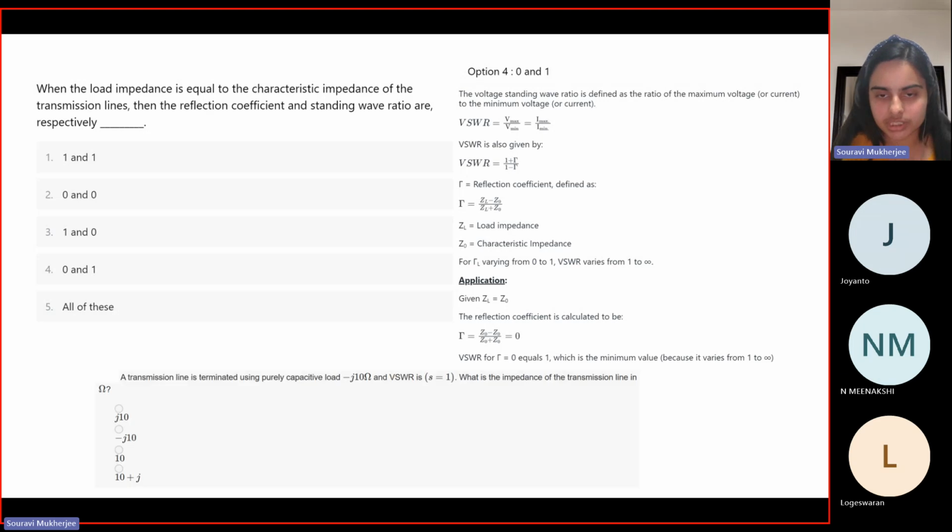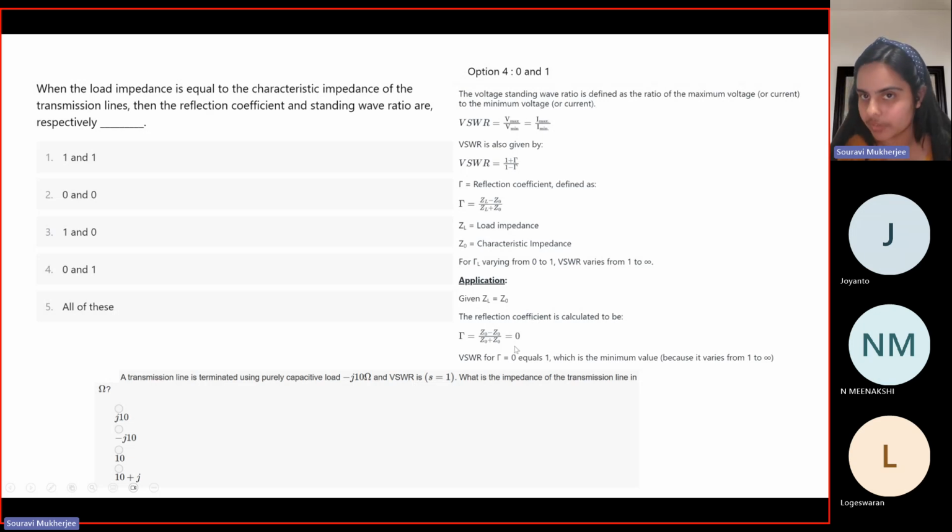One such question in last year's assignment was something like this. A transmission line is terminated using a purely capacitive load, and this is how the load is. It is said that the VSWR, that is the standing wave ratio, is 1. What is the impedance of the transmission line? Because the standing wave ratio is 1, this directly tells you that the reflection coefficient must be 0.